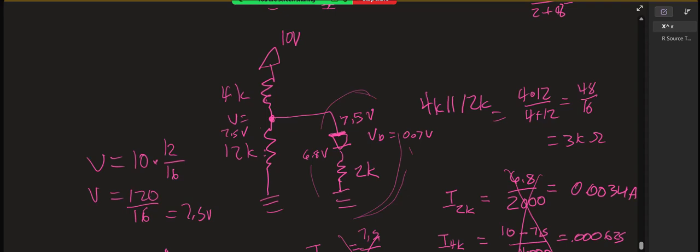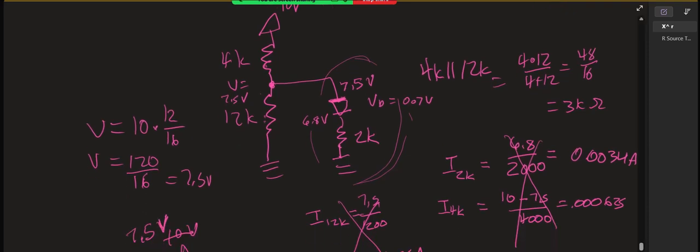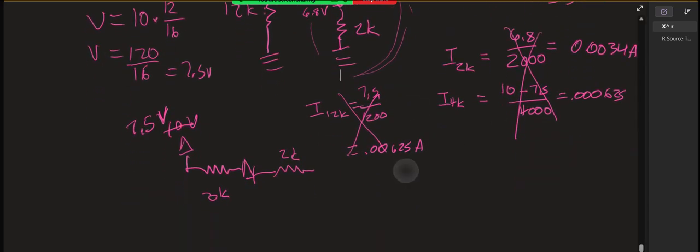All right. So we found the Thevenin resistance, which was 3 kilo ohms, and we found the Thevenin voltage to be 7.5. So at this point, we're going to transform it and look like this.